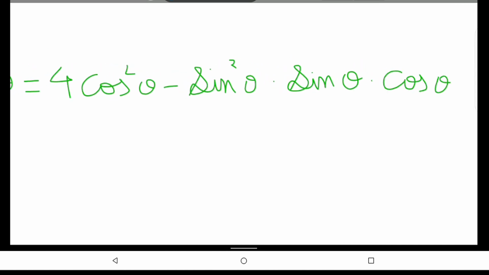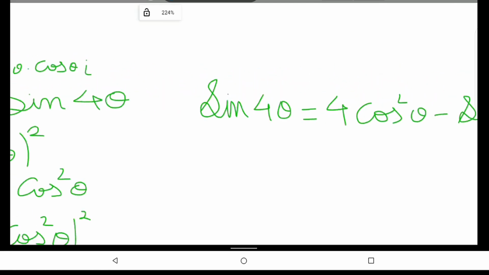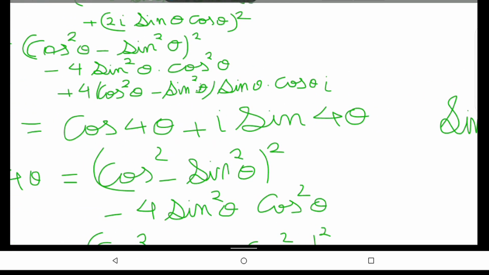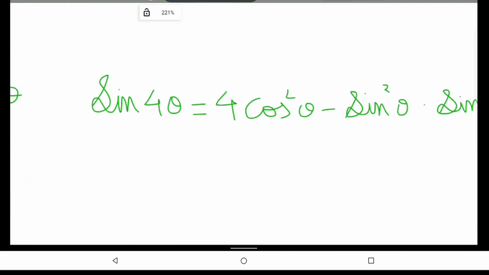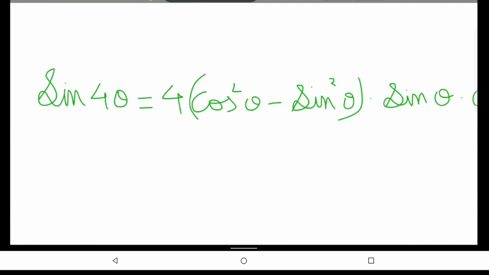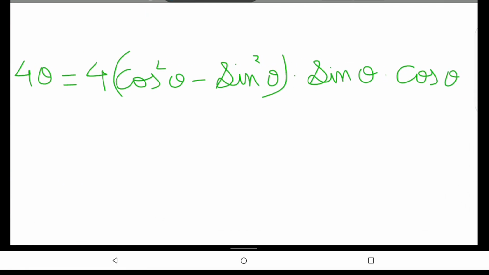Did we copy correctly? Let's see. Imaginary part equal to 4 times cos square theta minus sine square theta, whole thing into sine theta into cos theta. That's the imaginary part. If we compare the imaginary part, then we will be able to compute sine 4 theta.